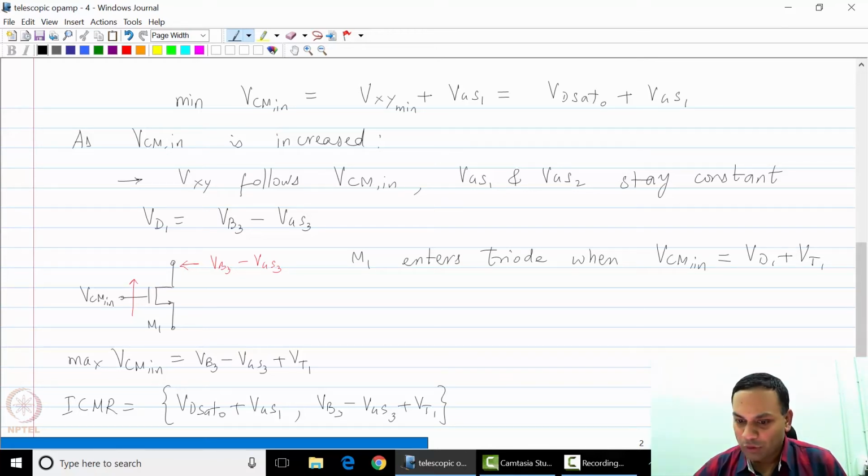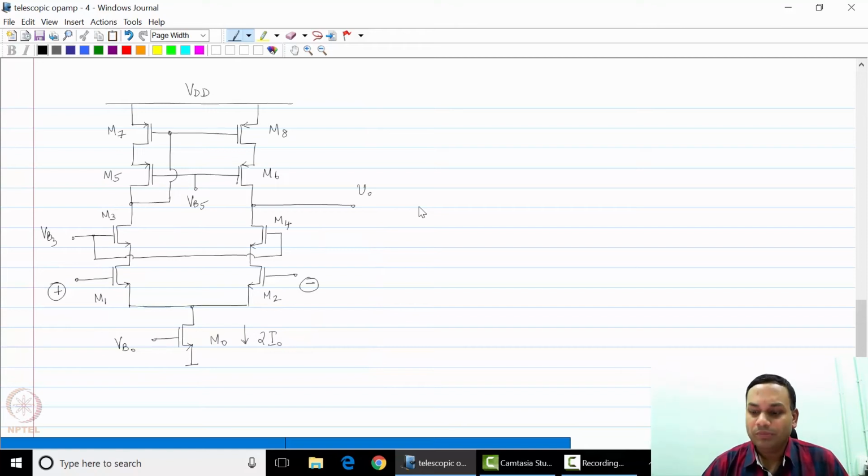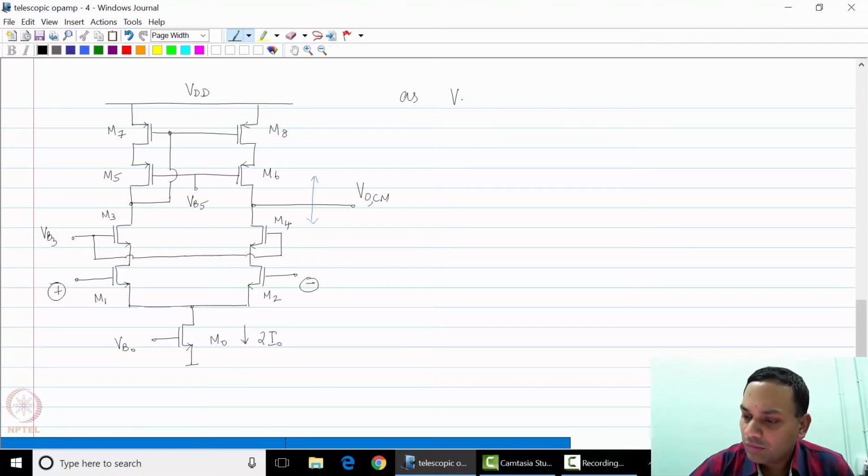Now, what about the output common mode range? So let us again take the same op-amp, but now we are going to see what is the maximum voltage at the output versus the minimum voltage at the output. Let us call the output common mode as VOCM. As VOCM increases, you will find that M6 has a constant gate voltage VB5, whereas its drain voltage is increasing.